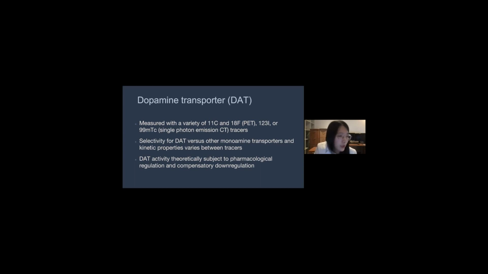Dopamine transporter can be measured with a variety of C11 or F18 PET tracers or iodine-123 or technetium SPECT tracers. It has selectivity for DAT versus other monoamine transporters, and kinetic properties vary between tracers. DAT activity is theoretically subject to pharmacological regulation and compensatory downregulation.